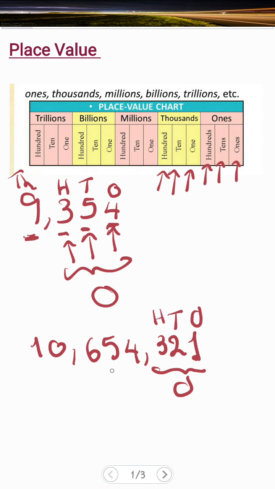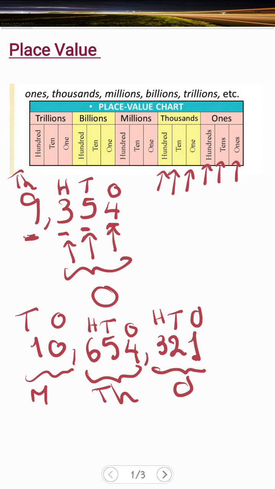Also for the 654, it is hundreds, tens, and ones, and this is for the thousands place value. Very good. And the last period here is for the millions, and this is the 1 million, and this is the 10 million. So if we need to read it, we will read it like this. This is 10 million, so it is 10,654,321.